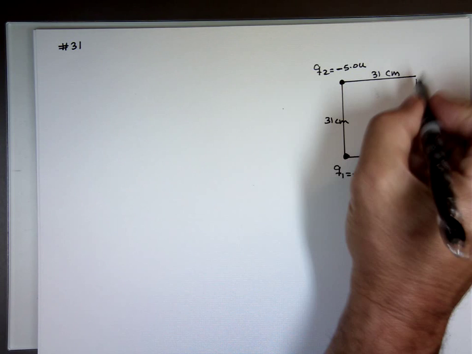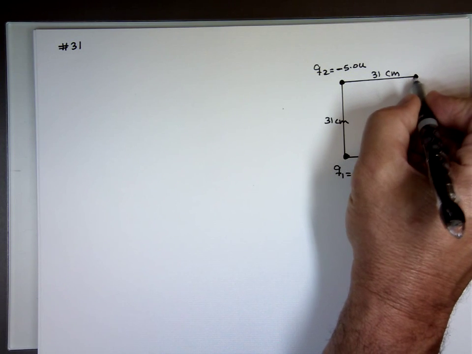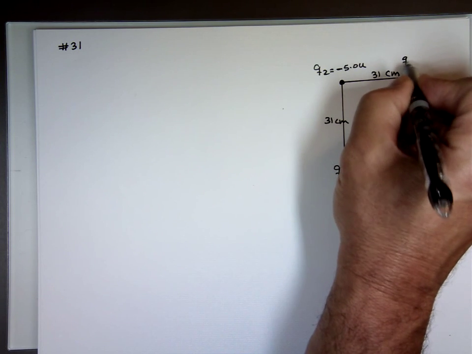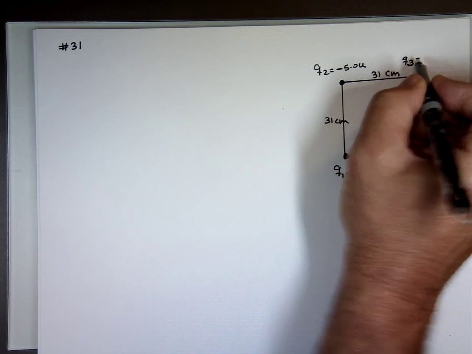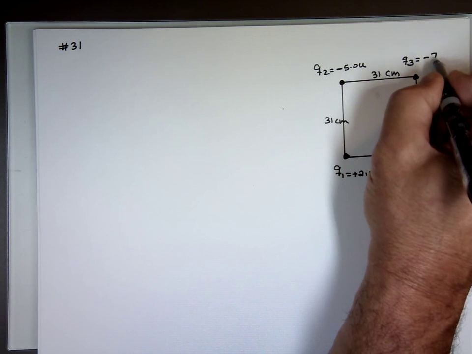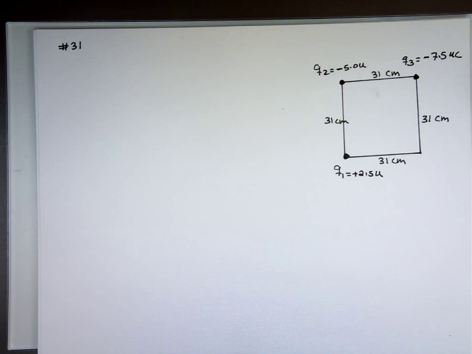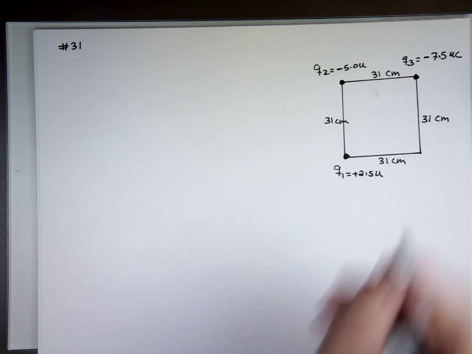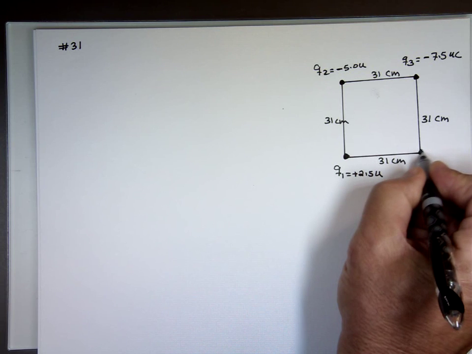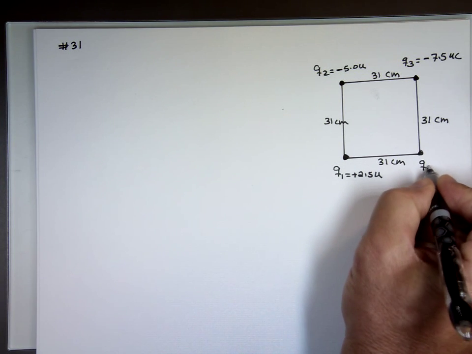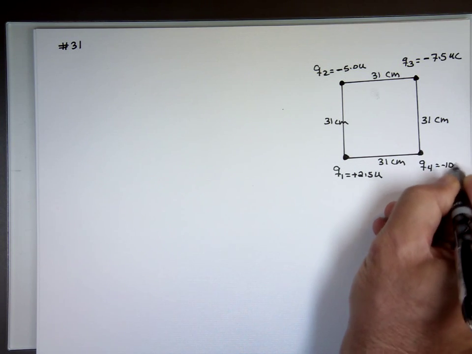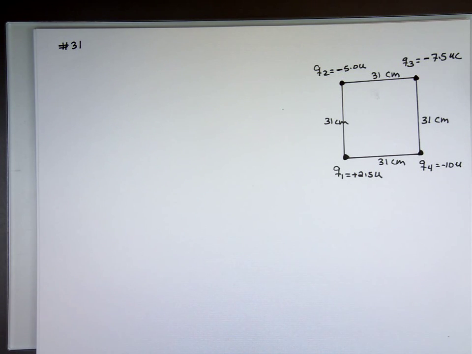We have a charge here, we'll call it Q3, negative 7.5 micro. And we have a charge in the bottom right corner, call that Q4, negative 10 micro. All these are microcoulombs.